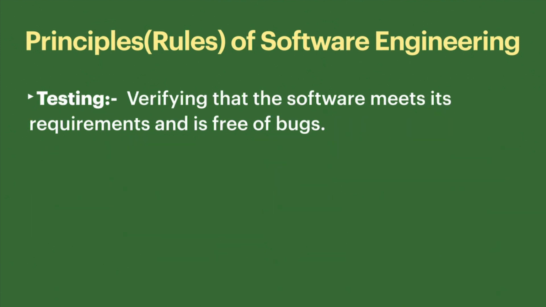So the next point of the software rules is testing. Here testing means to verify the software meets requirements and is free of bugs. Yes, it's a very important part of software engineering. Suppose the software is developed, and the development is completed, then the testing of the software is performed.